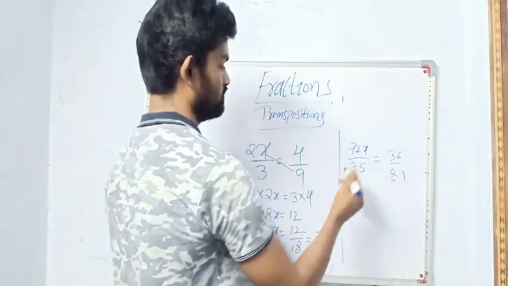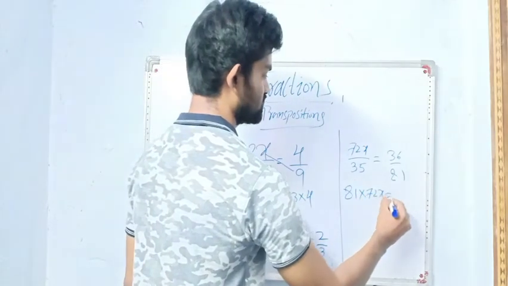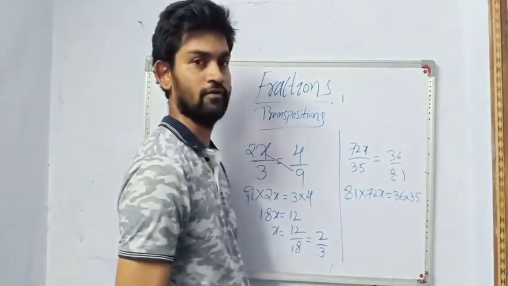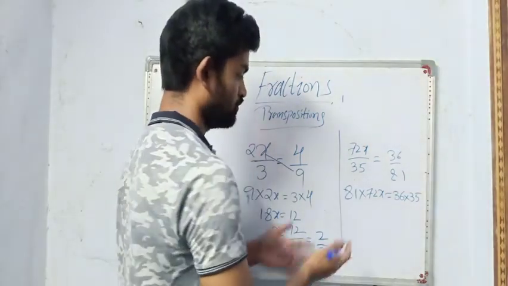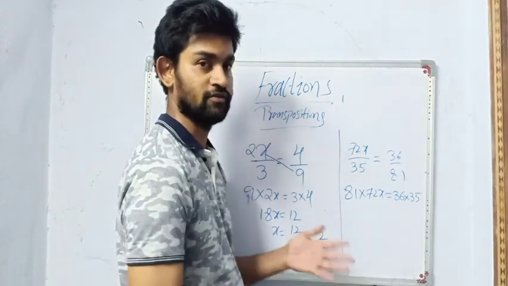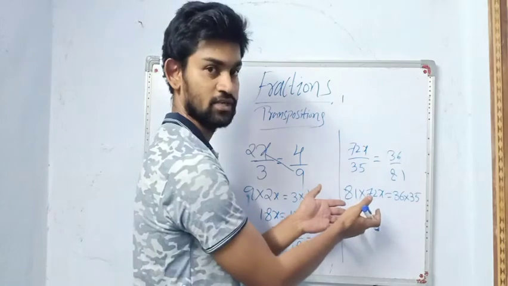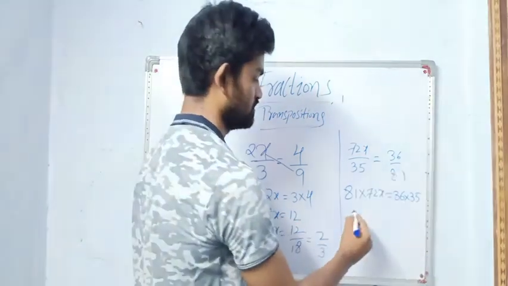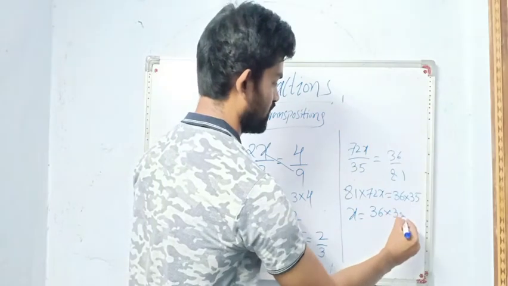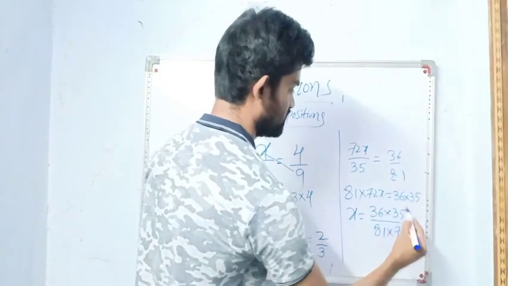So then we have to do 81 into 72x equals 36 into 35, right? Now if you have to multiply these bigger numbers, what will you do? You don't multiply now. This is anyway multiplication. Send it to the other side, it becomes division. So x is equal to 36 into 35 by 81 into 72.